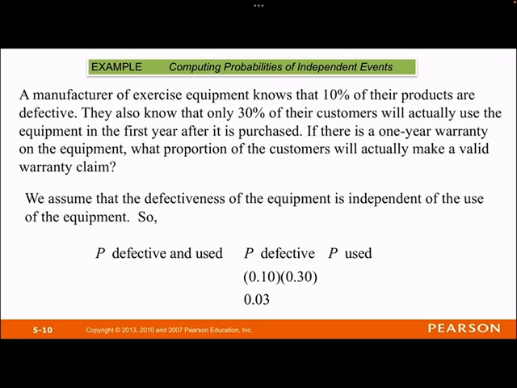So the probability that it's defective and used equals the probability that it's defective times the probability that it's used. The probability that it was defective is 10%, which as a decimal is 0.10. And then we have the 30% for used, which as a decimal is 0.30. Since they're independent, we multiply them together, and your total probability is 0.03.